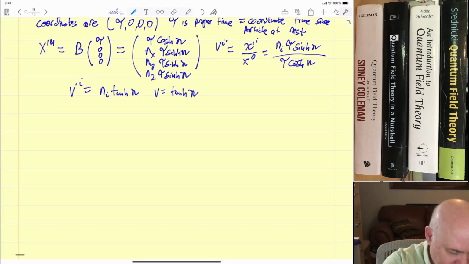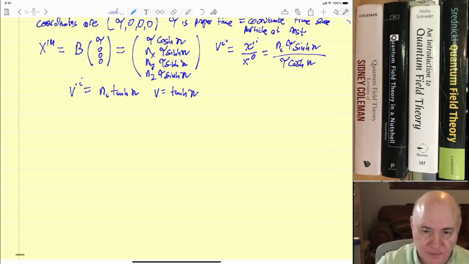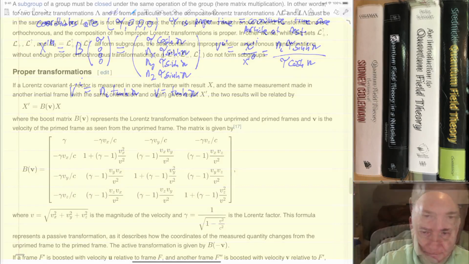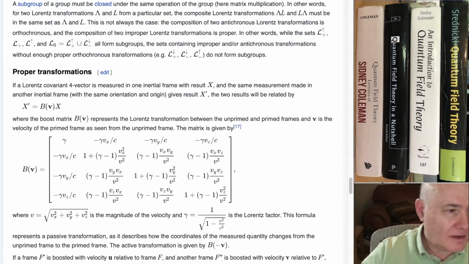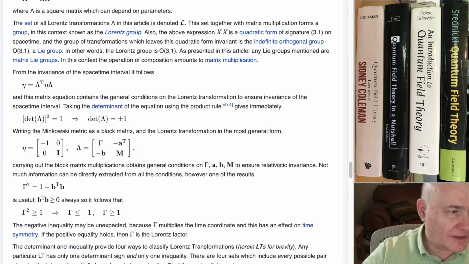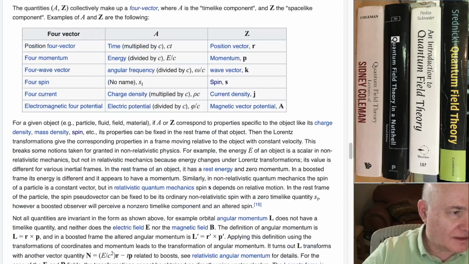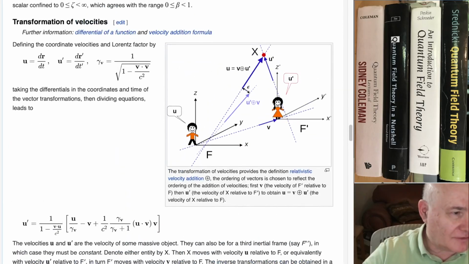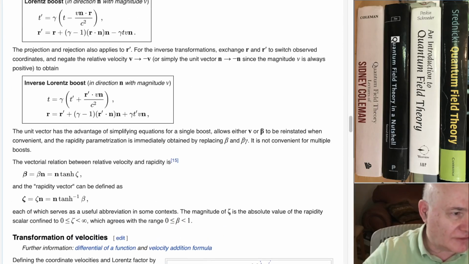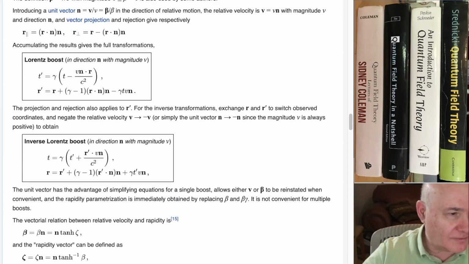Now, if we go back to the Wikipedia article, we can see that they have another definition of a general Lorentz transformation right here, these two things.